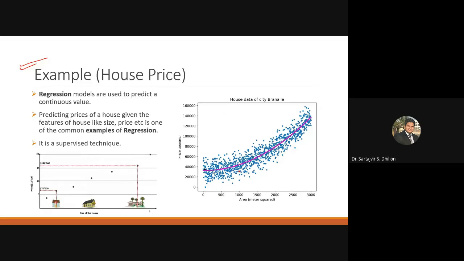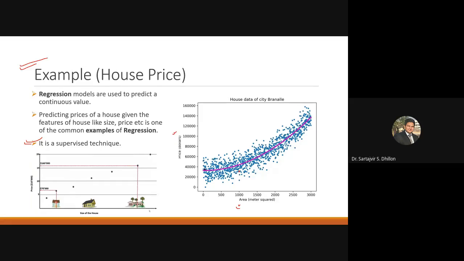Here we are predicting prices of a house given features like size. But please note that in this figure we are considering only the price on the basis of the area. Currently we are not looking at any other features. And definitely it is part of supervised learning.